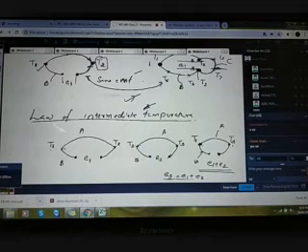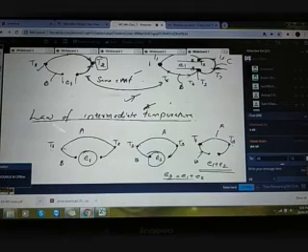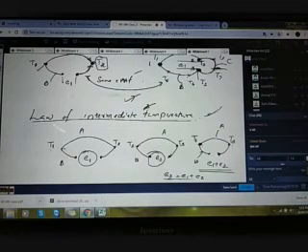Then T1 and T3 will give the answer E1 plus E2. These are the three laws used for the measurement of temperature using thermocouples. The law of intermediate temperatures is mainly used for the calibration of thermocouples. Is it clear to all of you?